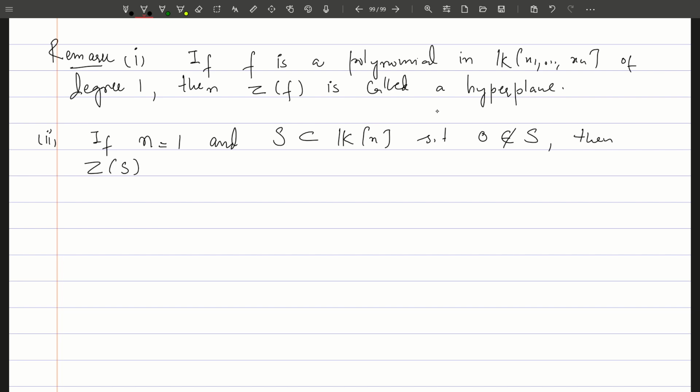So this follows from the fundamental theorem of algebra. So then Z of S is a finite set.